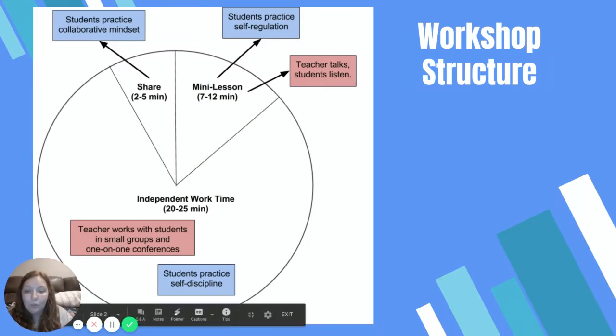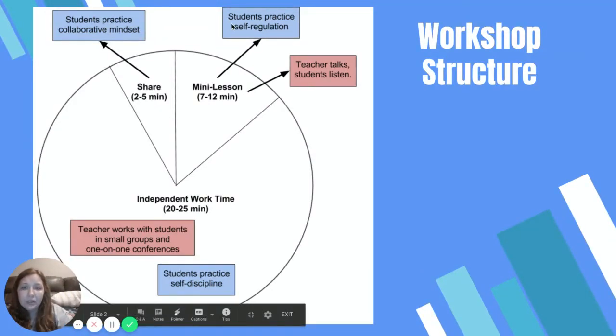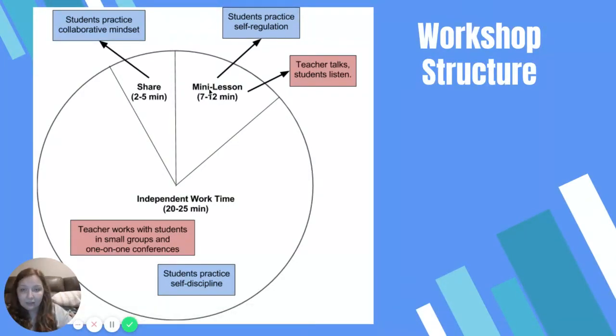Independent work time when we're in the classroom is usually about 20-25 minutes. It'll probably be about 25-30 minutes during virtual time because we have an hour and 10 minutes. During this time, the student is working independently on that skill that the teacher taught them during the mini lesson. They're trying it out for themselves.